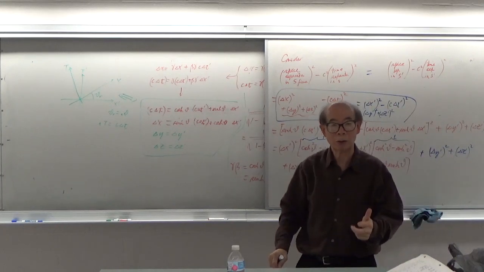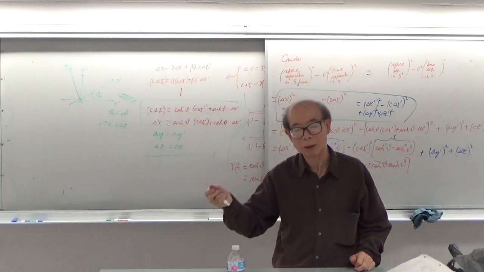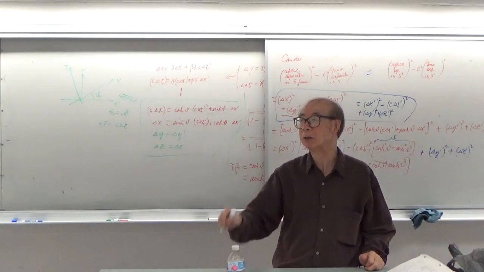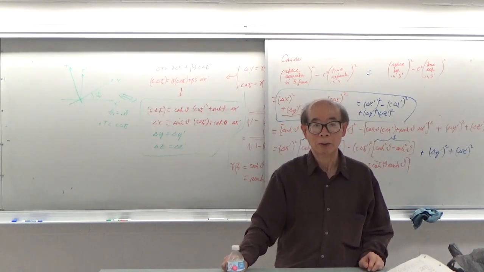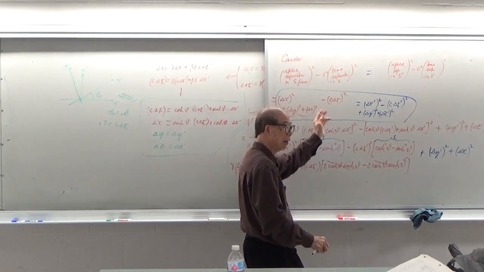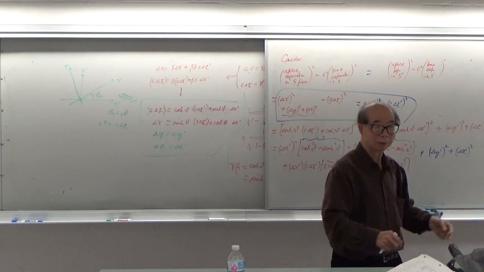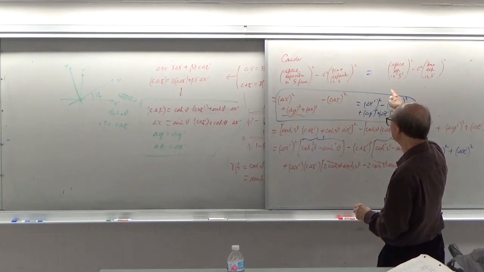Even though space separation in one frame is not equal to space separation in another frame, and time separation in one frame is not equal to time separation in another, the combination of these two, space separation squared minus time separation squared, is invariant under Lorentz transformation.